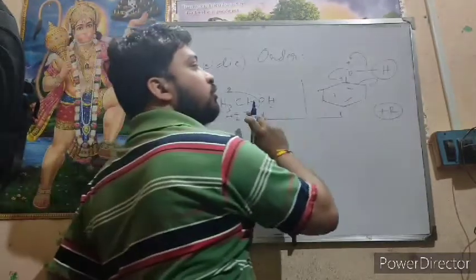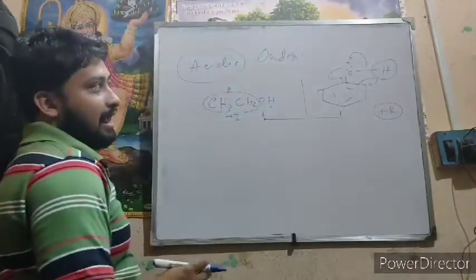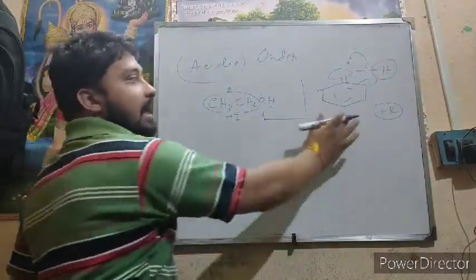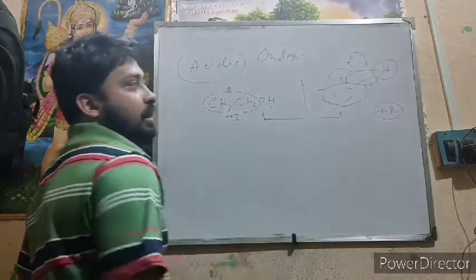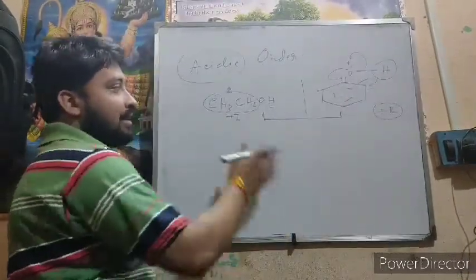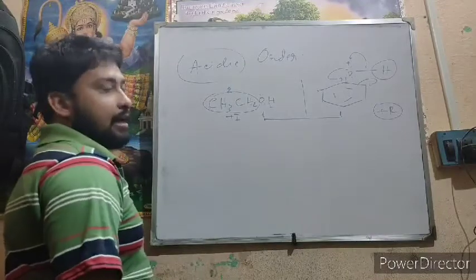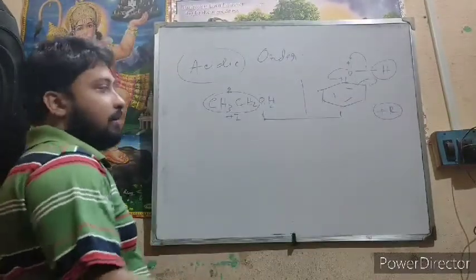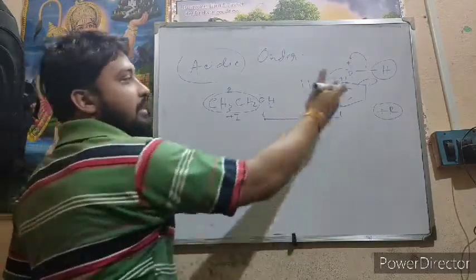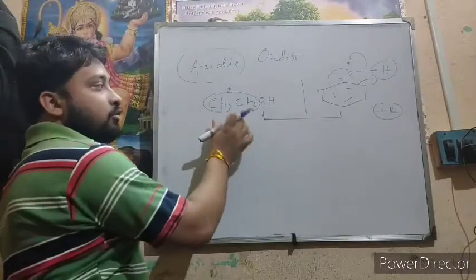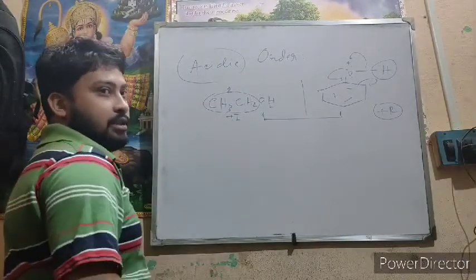So if we compare those two compounds, phenol donates the hydrogen or H plus, while the aliphatic alcohol does not. So aromatic alcohol shows more acidic character compared to aliphatic alcohol, because phenol shows plus R effect, that is the resonating effect, and the alcohol shows plus I effect, that is the inductive effect.